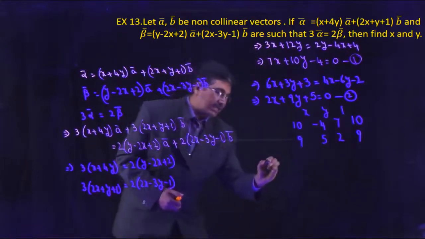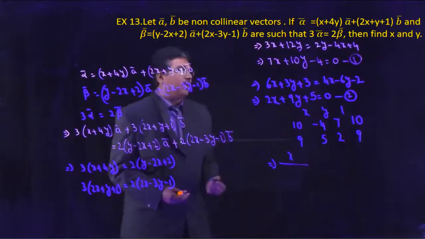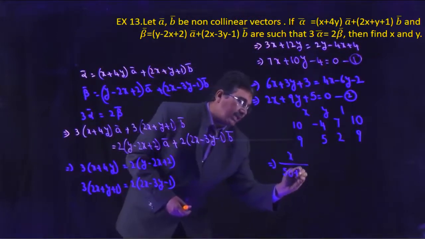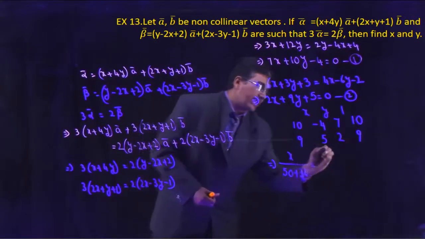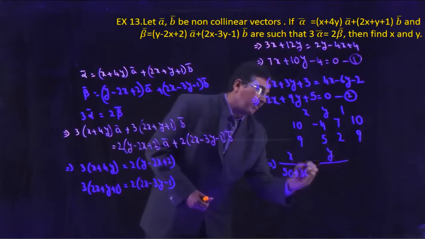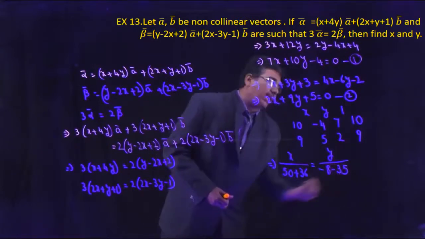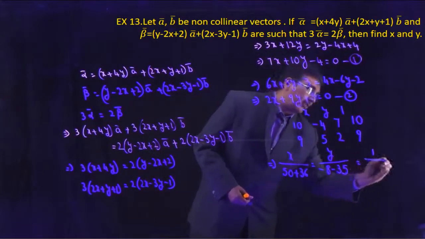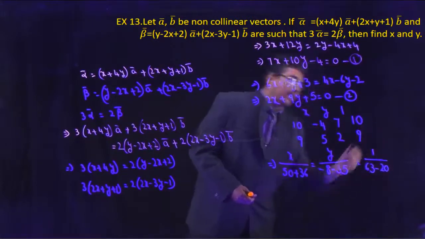That implies x divided by 10 into 5, 50, plus 9 into 4, 36, is equal to y by minus 8 minus 35, is equal to 1 by 7 nines 63 minus 20.